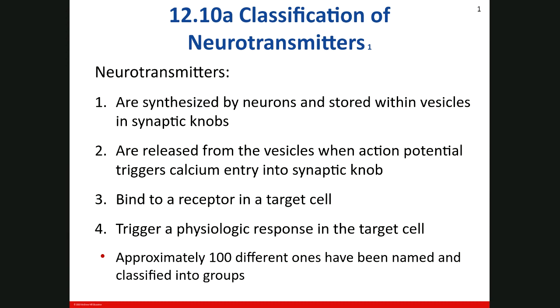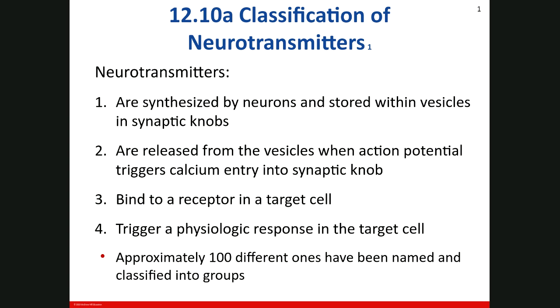The neurotransmitters are chemicals which are synthesized by neurons and stored in the vesicles in the synaptic knob. When the action potential reaches the synaptic knob, these vesicles start to release. I told you that before the release of the neurotransmitter, the calcium ion should come to the synaptic knob.